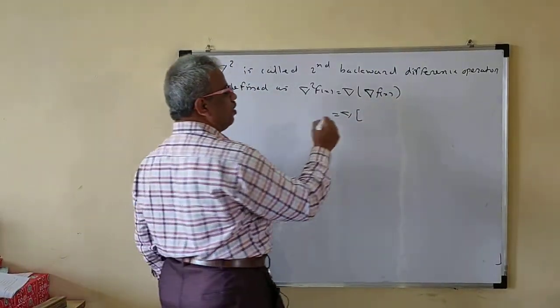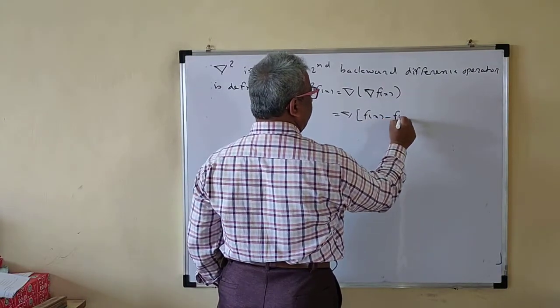Nabla f of x is f of x minus f of x minus h.